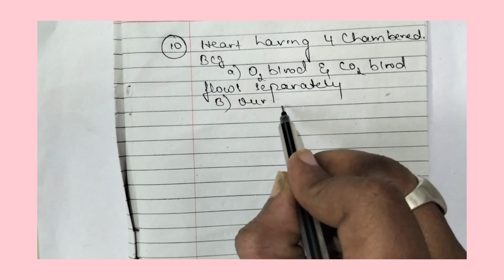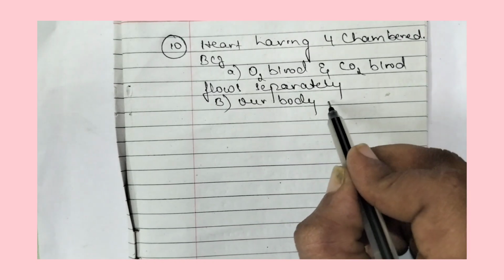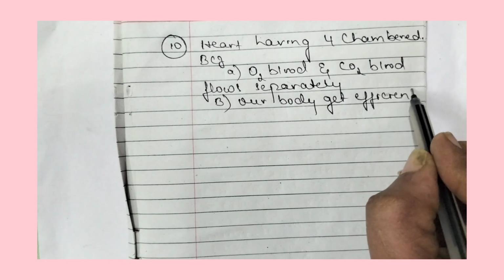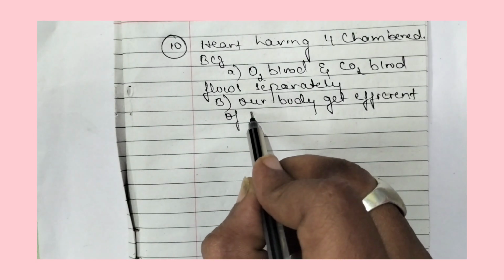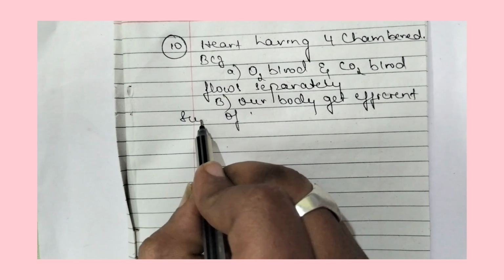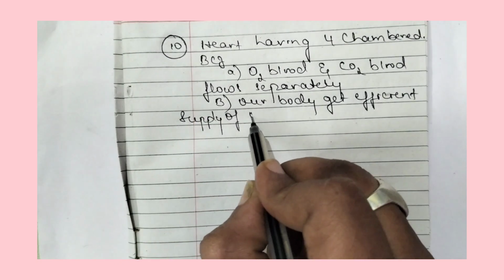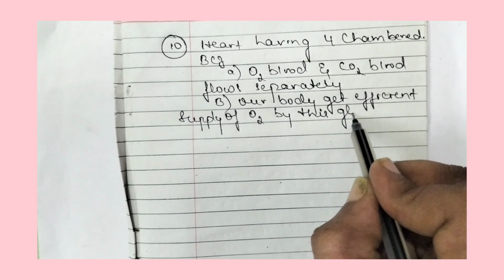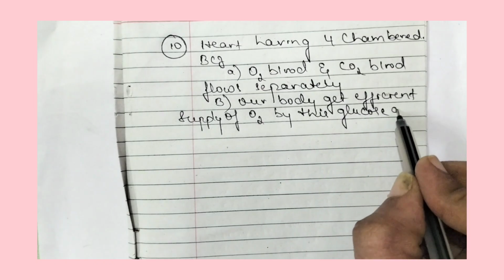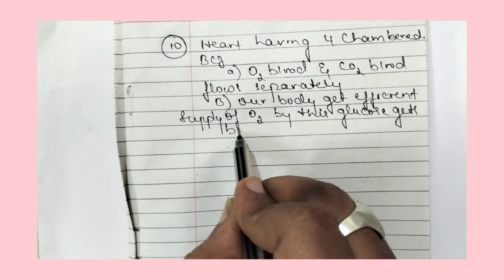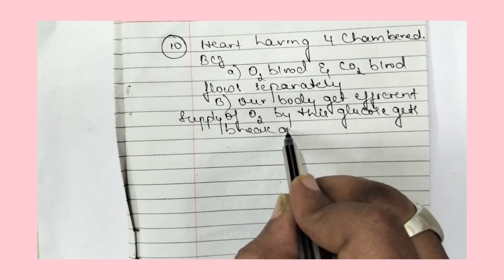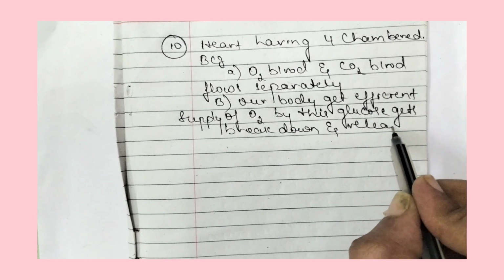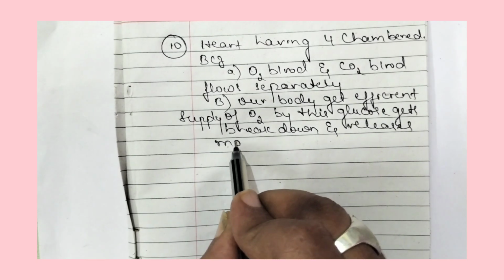Our body gets an efficient supply of oxygen, by this glucose gets broken down and releases more energy.